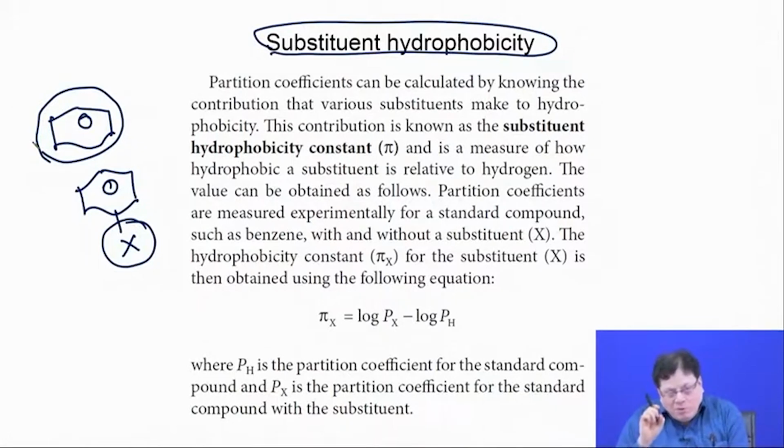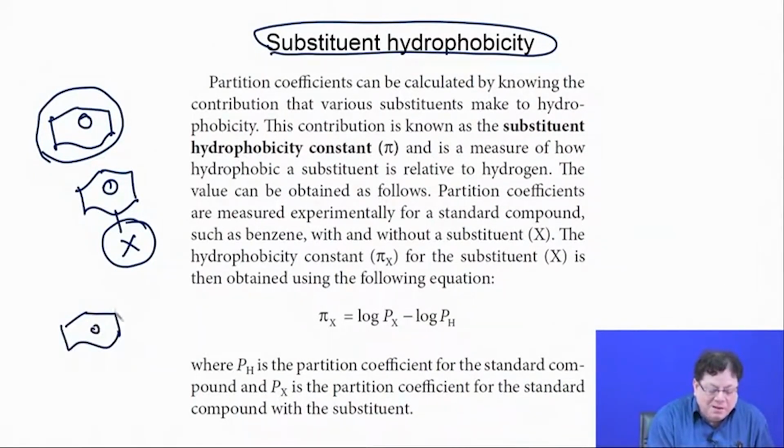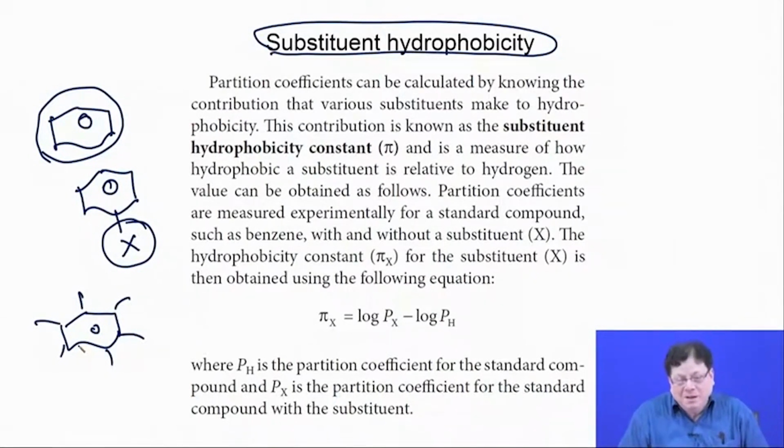Okay. So, if you know the substituents' hydrophobicity, then you can add all these. If I have, say, hexamethyl benzene, what will be its hydrophobicity? If you know the hydrophobicity of methyl and the hydrophobicity of benzene, you can tell what will be the hydrophobicity of this hexamethyl benzene.